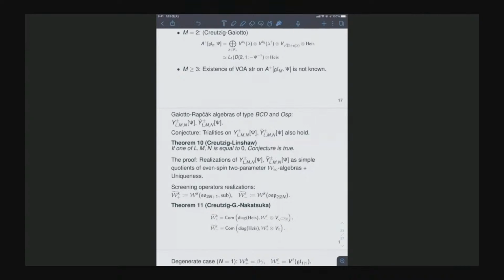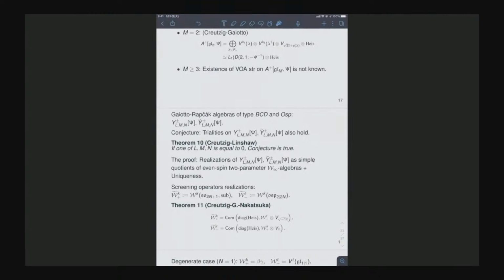In A-type cases, they consider some W_{C,lambda}. This is a vertex algebra interpretation of the affine Yangian of GL_1 hat. That is generated by Virasoro, W3, W4, and so on. But the even spin one is generated by Virasoro and W4, W6, W8, and so on.